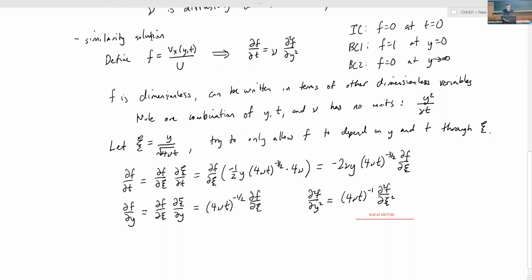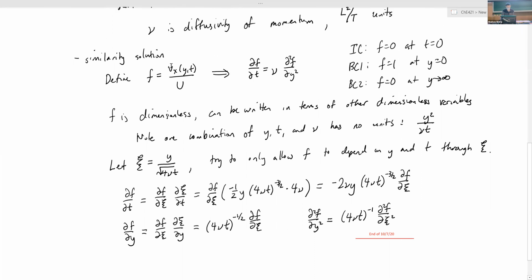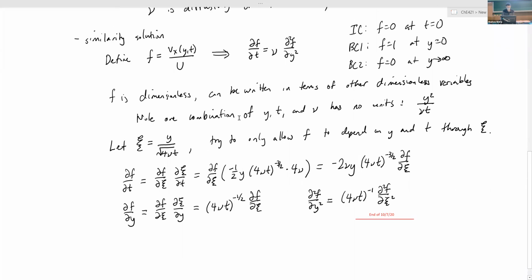The idea is that we're going to express our velocity, which we non-dimensionalized using the u given in the problem, in terms of a ξ variable. That ξ is a special combination of our two independent variables, y and the square root of 4νt. If we get lucky, and I wouldn't be showing you this if we weren't going to get lucky, we can use this to simplify the equation significantly into something we can solve very easily.